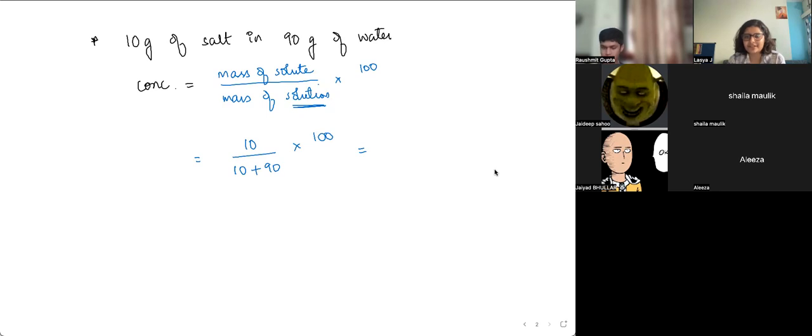Jaideep, Shaila, Jayad, Aliza, Neve, Anvesha, also calculate and send it. Jaideep, Roshmit, Jayad, 3 people have sent. Shaila also sent. Good. Okay. Ma'am, wait, I sent the wrong one. Can I resend it? No, the one you sent at 527 is correct only.